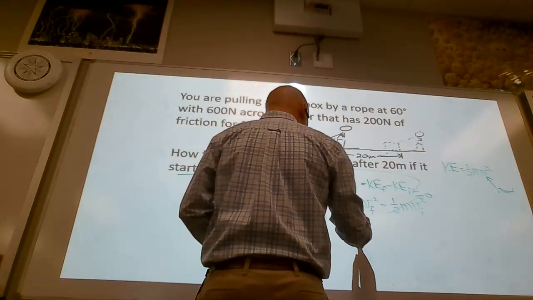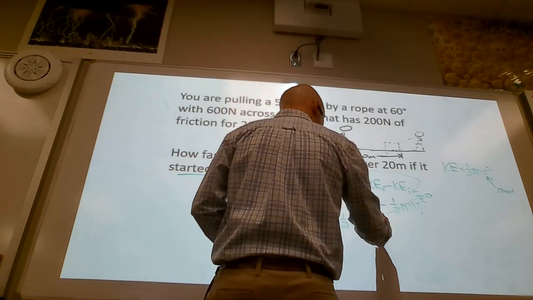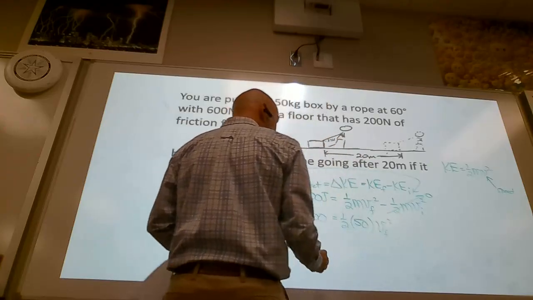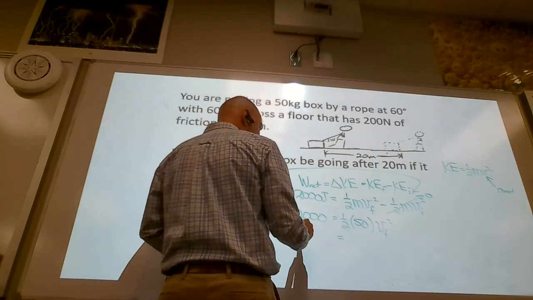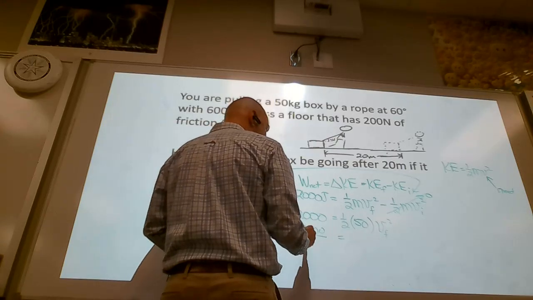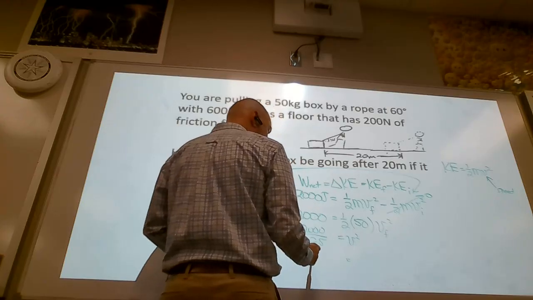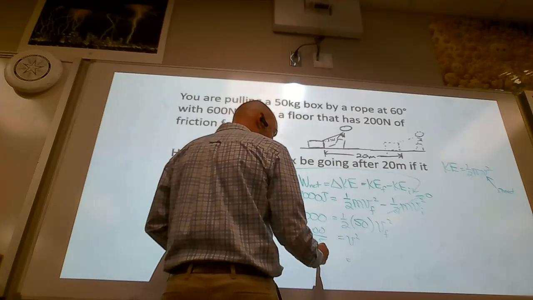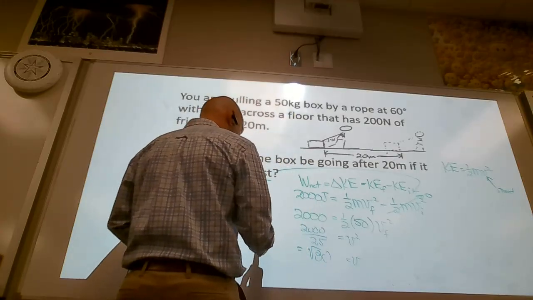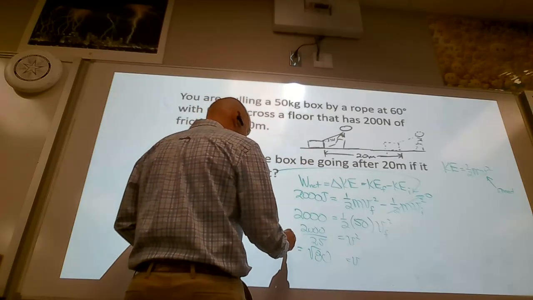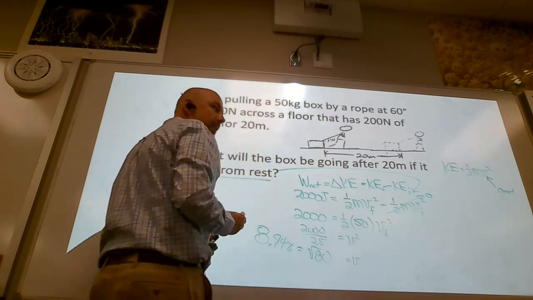It's equal to 1/2 mass of 50 kilograms times final speed squared. So you have 2,000 divided by 25, take the square root of 80. So that's 8.94 meters per second.